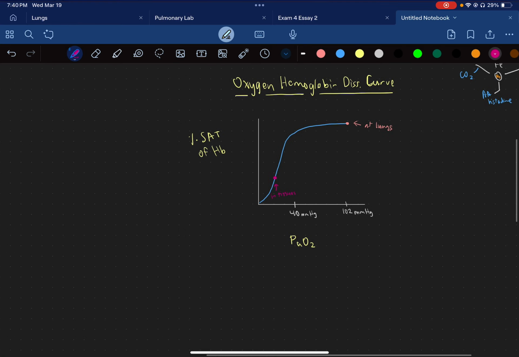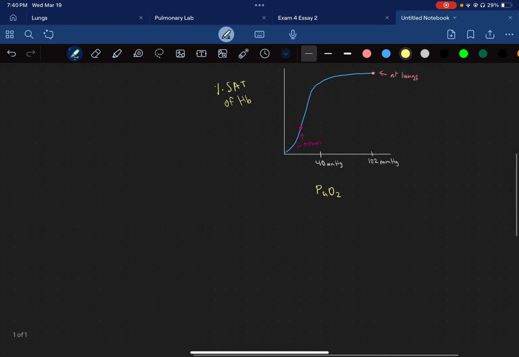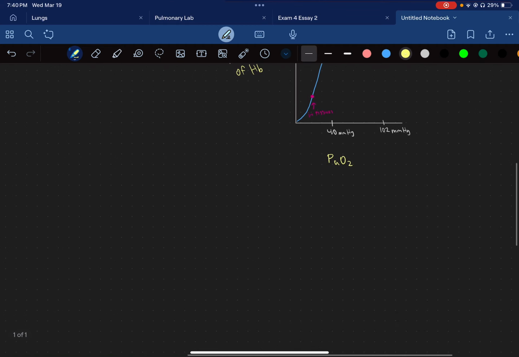So that brings us to the factors that affect this curve. So the first one, let me just find it.